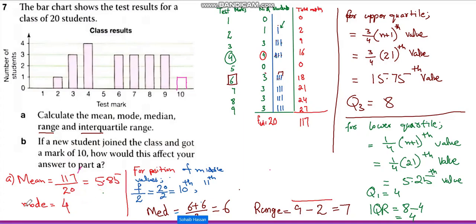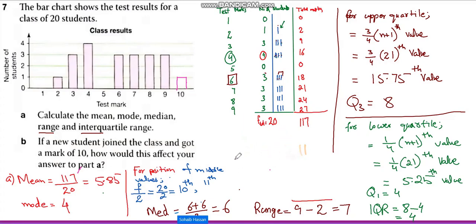But if we talk about mode, it will not be changed because the most frequent data will remain the same. While on the other hand, let's see if the middle value is changing or not. Like if the frequency becomes 21, for the position of the middle value, we add 1 to it and then divide by 2. So it becomes 22 divided by 2, that becomes 11.